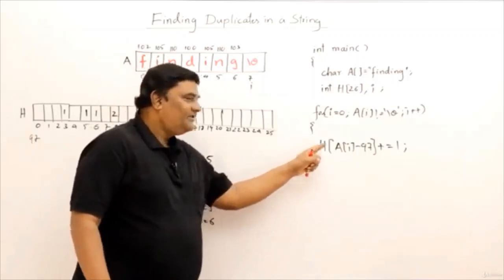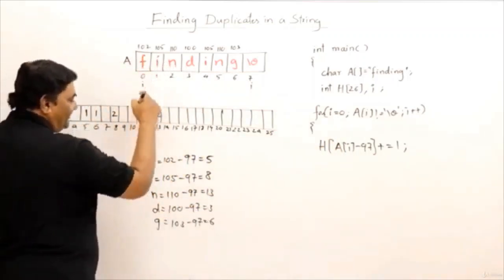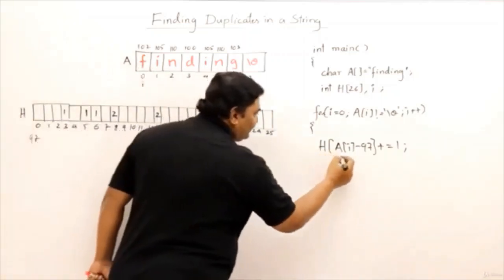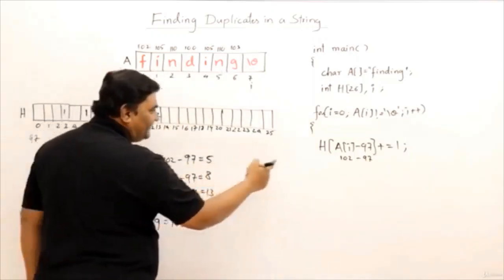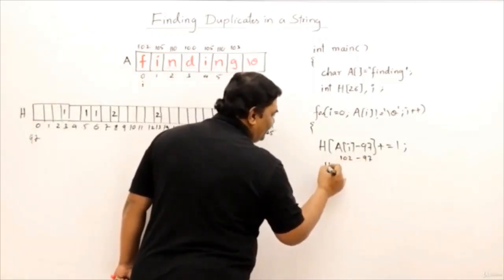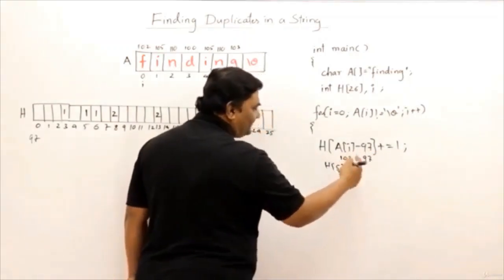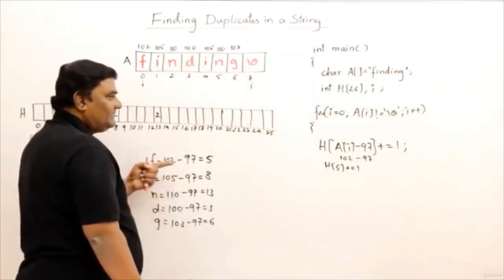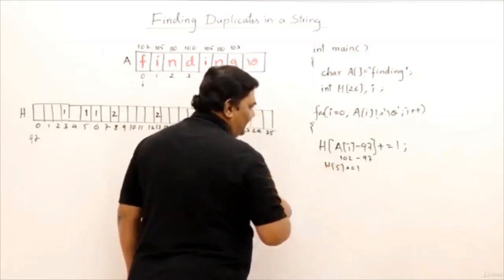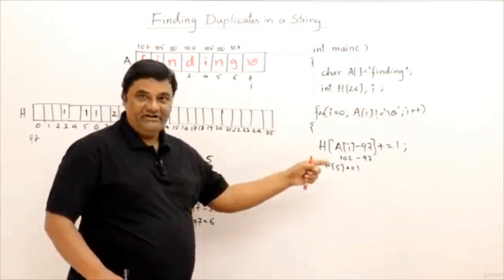For example, if A of i is F. F is 102. 102 minus 97, how much is this? 5. So this becomes H of 5. H of 5 is incremented by 1. So H of i plus plus. For every alphabet, it will be calculated in the same way. So the indices are obtained, and this is how the entire hash table array will be filled.